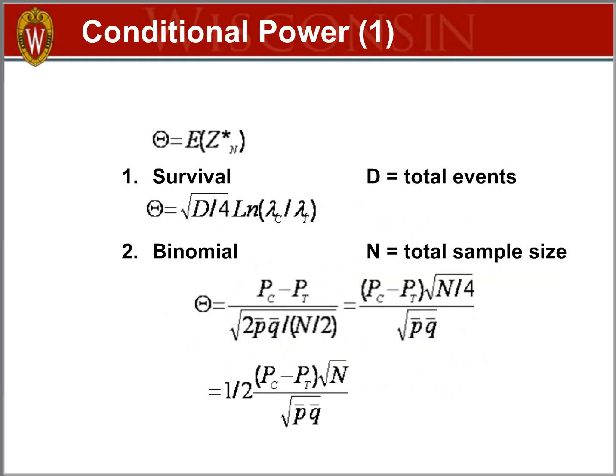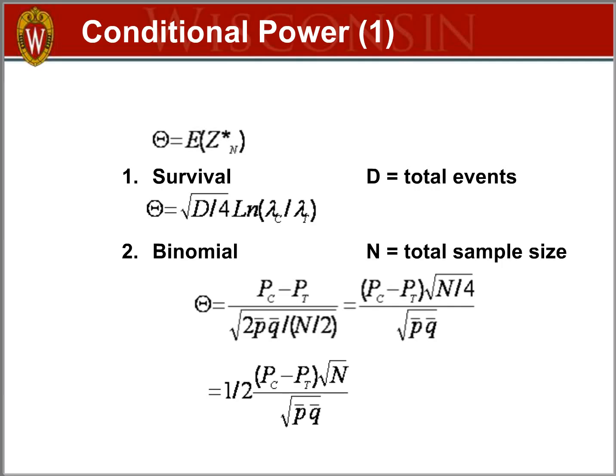Again, I'm going to go through these relatively quickly. The details are not so important, but simply to say that whether you're measuring survival, or success and failure as a binomial outcome, or you're measuring mean response, that theta parameter is relatively simple. For example, in survival, it's the number of deaths you expected in your design, modified by the log of the hazard ratio, which you'd get from any statistical package. The binomial outcome would be the difference in the proportions that you expected in your study and the number of patients you expected to randomize.